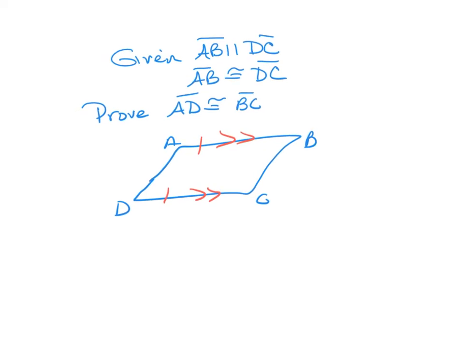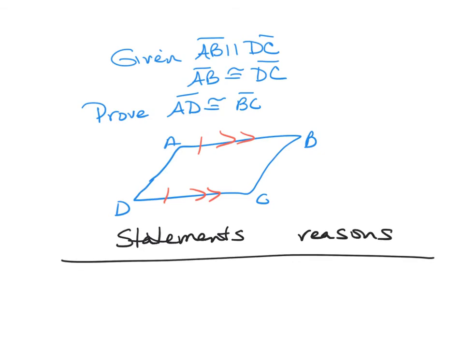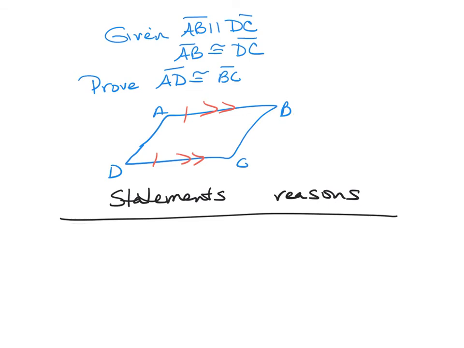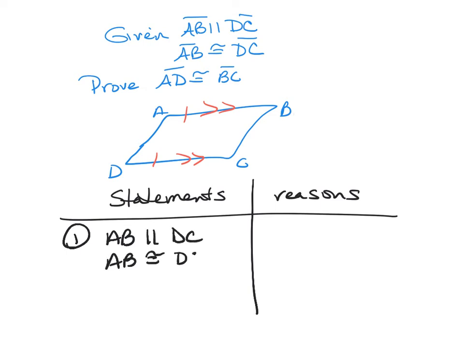So let's start our 2 columns here. Statements, reasons. So number 1 will be all my given, AB parallel to DC and AB congruent to DC. And this was given.